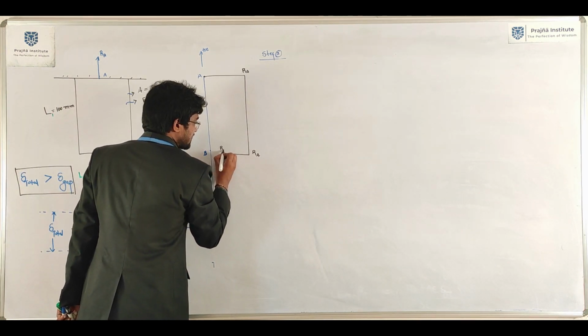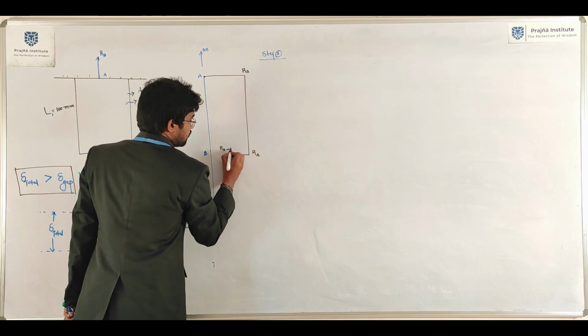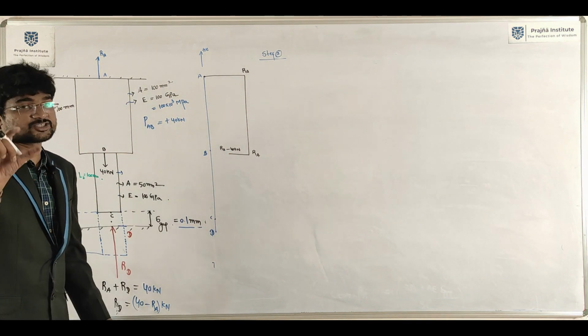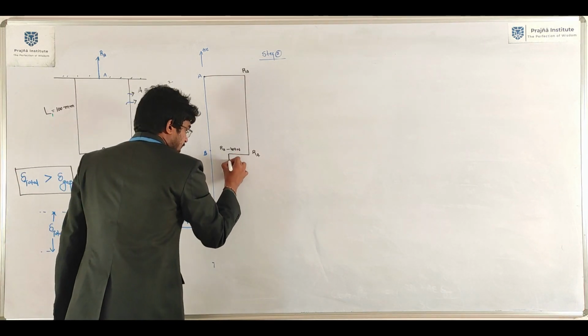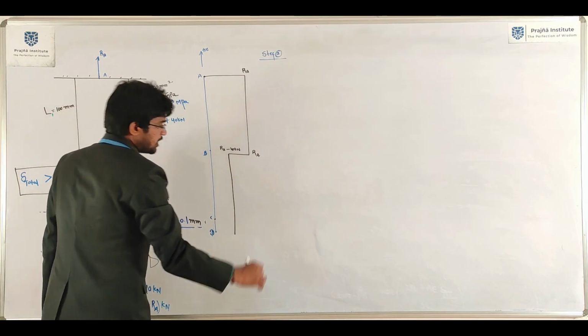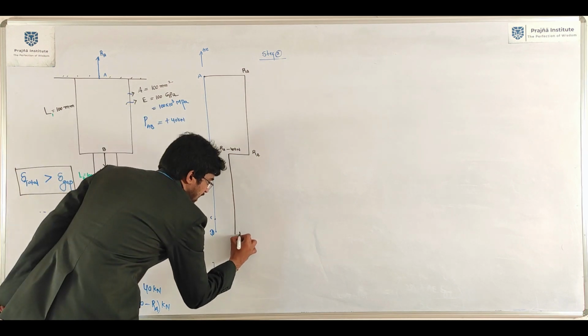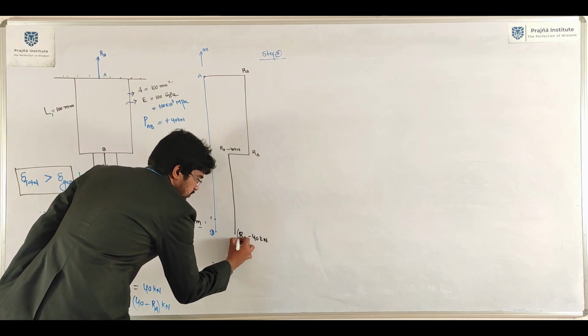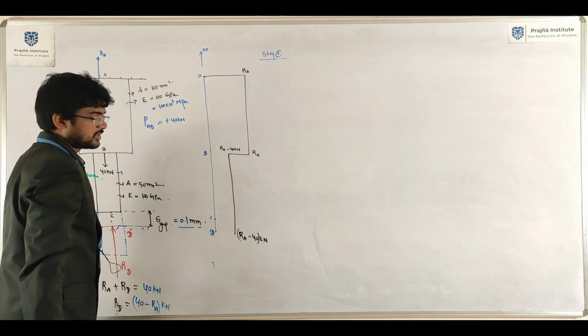It is RA minus 40 kilonewton. Initially assume that RA minus 40 is positive. Come up to here, so RA minus 40 kilonewton.